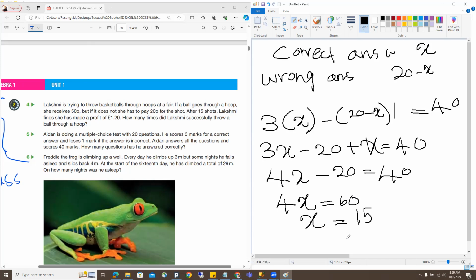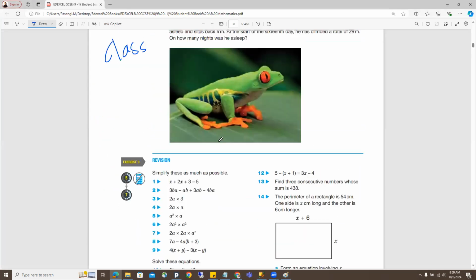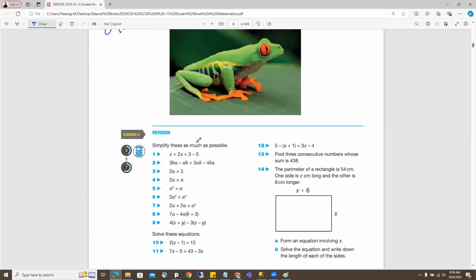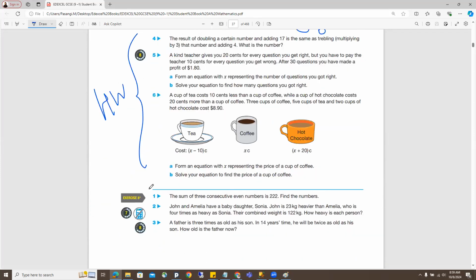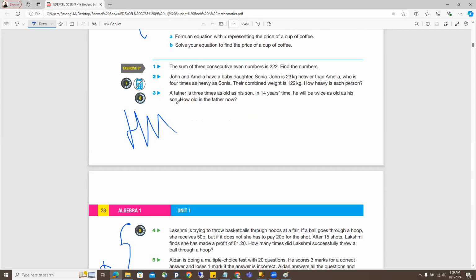Okay, then as homework, can you do the rest of the entire questions? We are done with the algebra lesson as well. You can do the 8 star completely as homework.